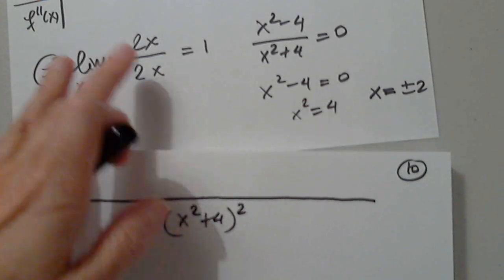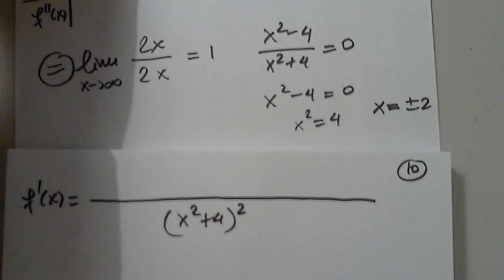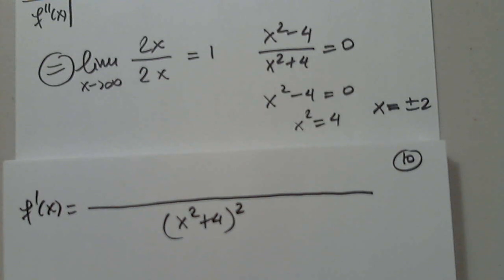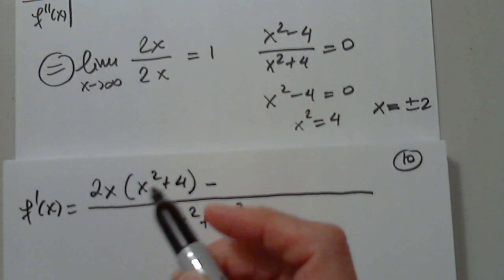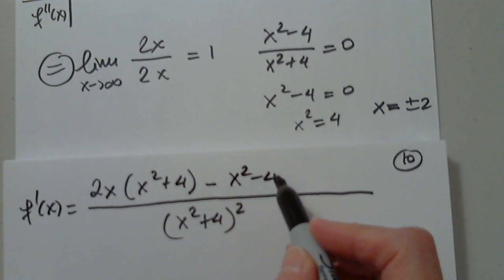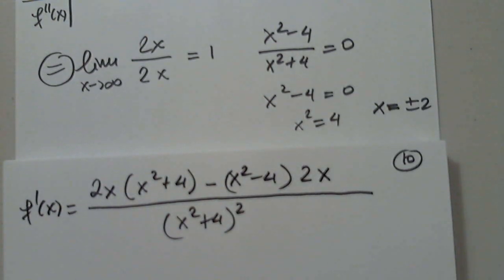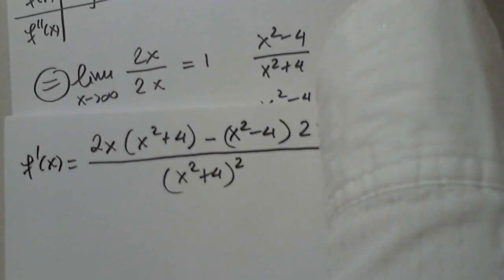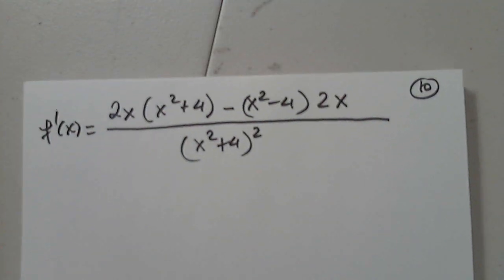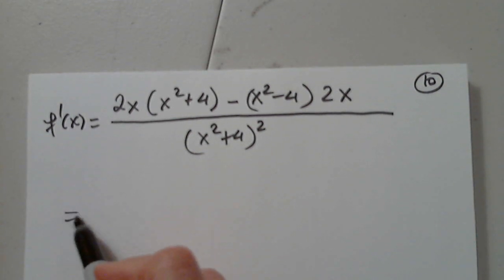Quotient, very good. Okay, so quotient rule. Top prime is 2x times the denominator minus the top times the denominator prime. Please do not distribute. Please do not distribute. Factor out 2x.